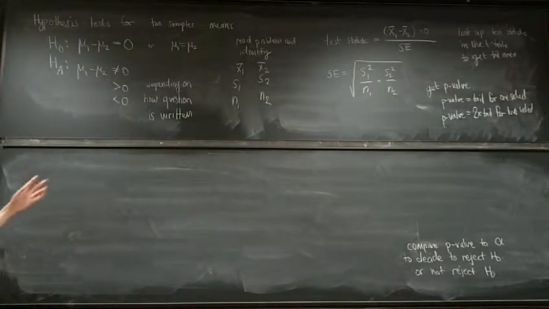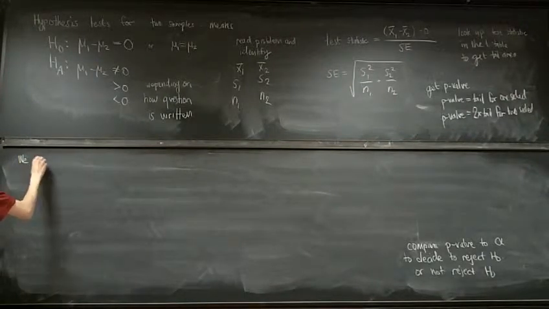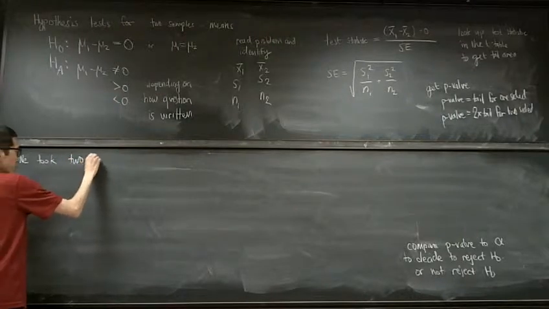Okay, so let's just do one quick example. I'll put it up on the board. I'll do the example, the answer myself, and then I'll let you guys go home. All right, so let's say we took two samples.